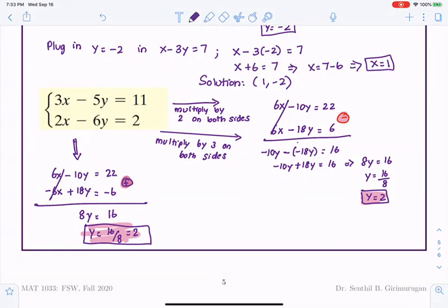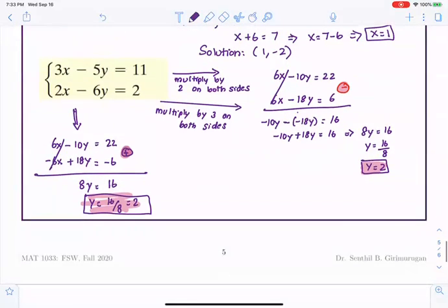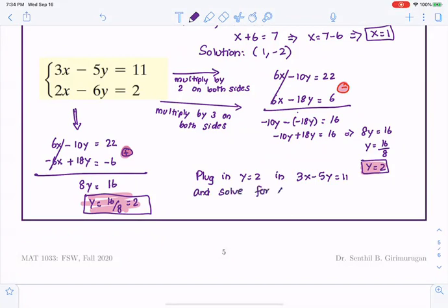So now that we have y is equal to 2, again, to reiterate, you could plug in that y equals 2 and solve for x in either of the two equations.